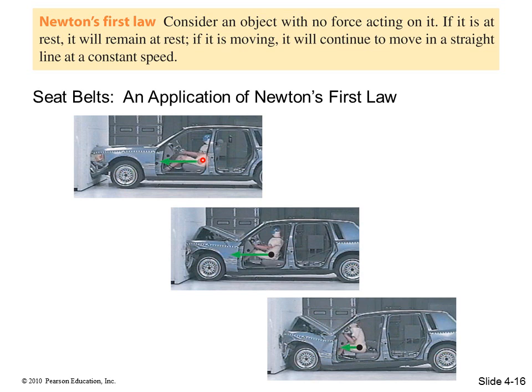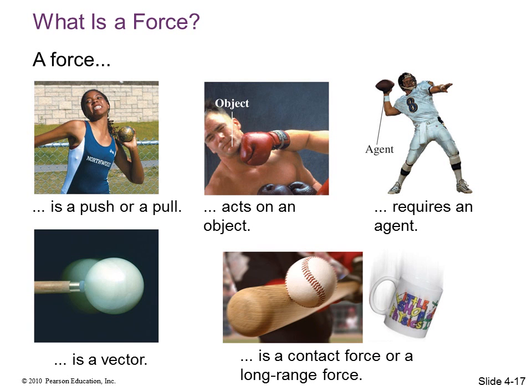If this crash dummy didn't run into anything, it would just keep cruising along at this particular velocity. But the fact is that it does run into something. It runs into the front of the car, the steering wheel, and you can see at each successive frame that the velocity does change, because there is an outside force acting on the crash dummy. The crash dummy is the object of interest, and the outside force comes from the front of the car, to be exact.